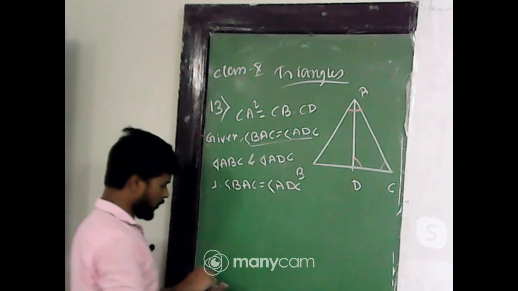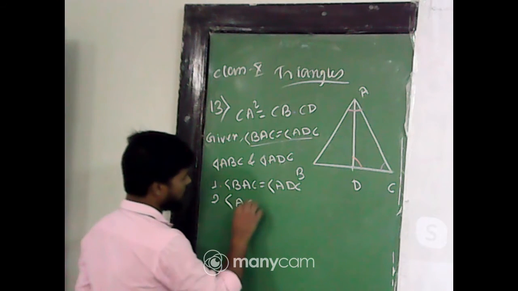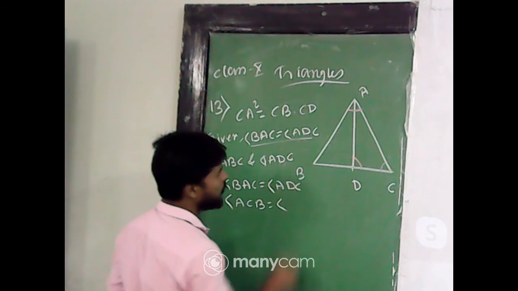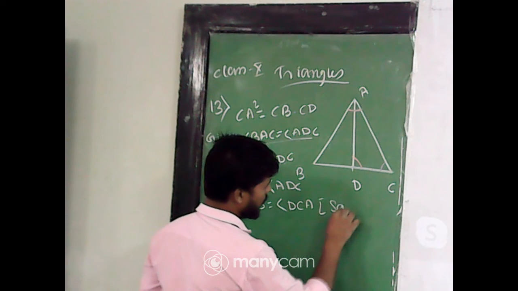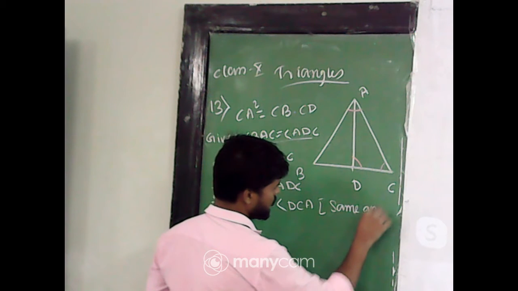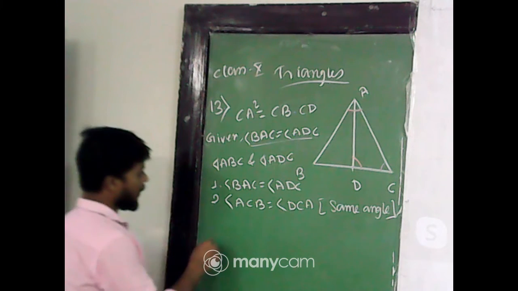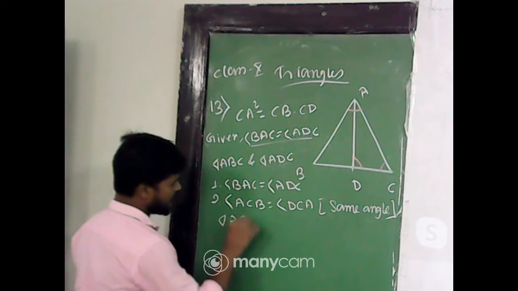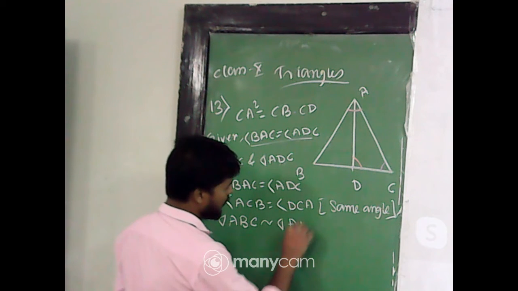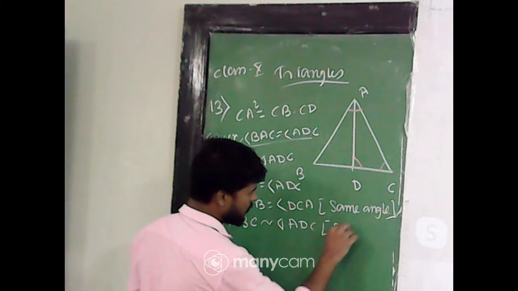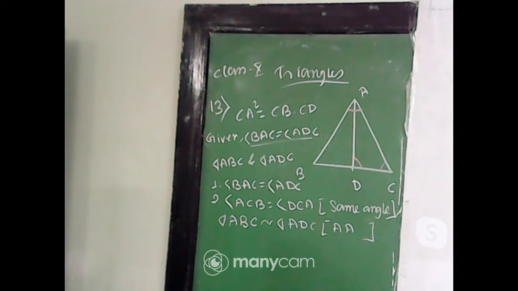So, the second condition will be angle ACB is equal to angle DCA, because they are the same angle. So, by angle criteria, we can say that the triangle ABC is similar to triangle ADC. By which condition? By angle criteria.